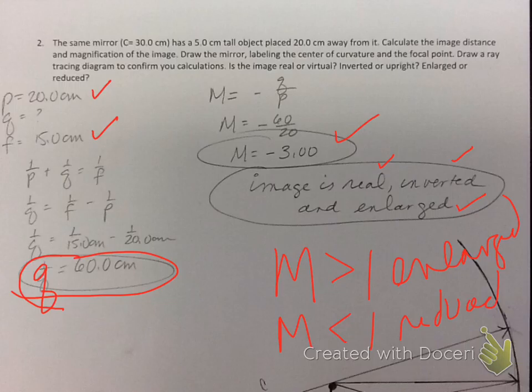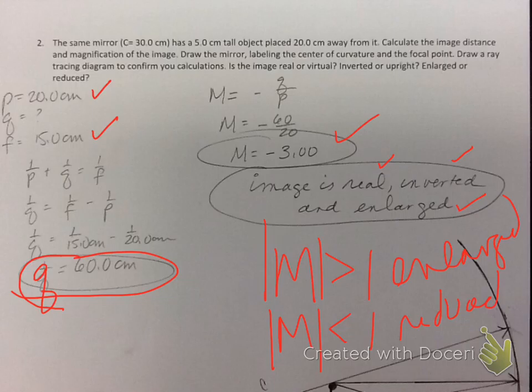So let me do this. Absolute value of the magnification. That helps. Okay. Let me move this thing up a little bit. Yeah. The absolute value of the magnification, greater than 1 is enlarged, less than 1 is reduced. So if you get a magnification of 0.75, that's a reduced image.